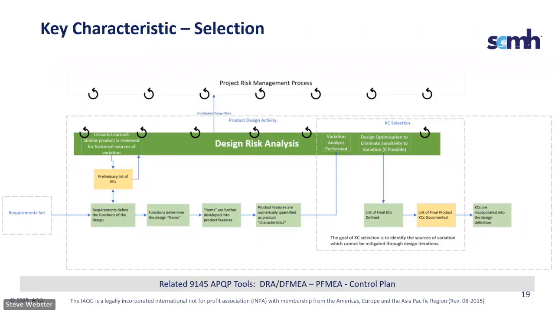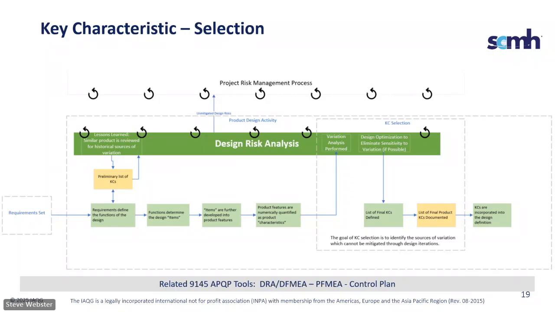It may take several iterations of the design to eliminate or reduce variation. The list of final KCs contains those characteristics whose variation cannot be mitigated through design iterations, and therefore require control in order to manage that variation. And then finally, KCs are incorporated into design definition.